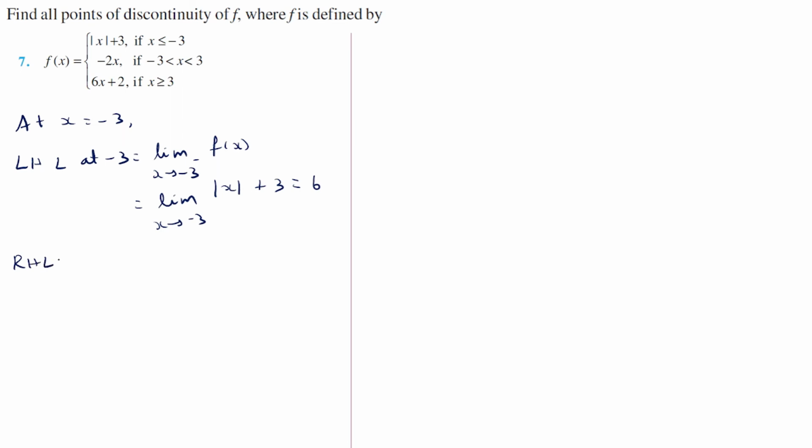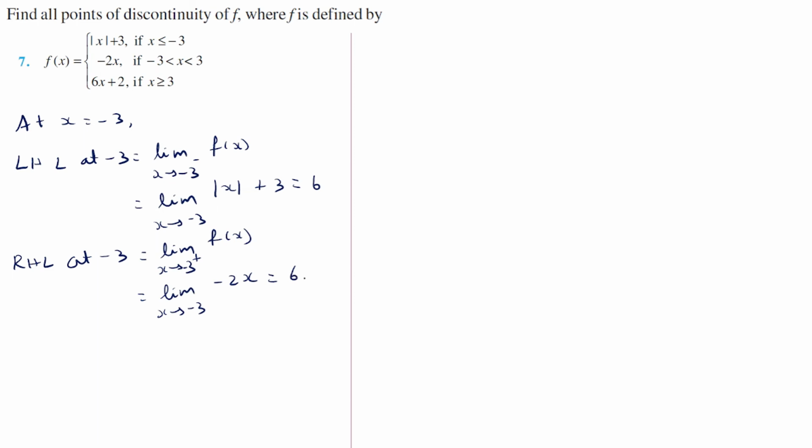Now the right hand limit at minus 3 is equal to limit x tends to minus 3 plus f of x. This is equal to limit x tends to minus 3 of minus 2x, because f of x is equal to minus 2x when x is greater than minus 3.